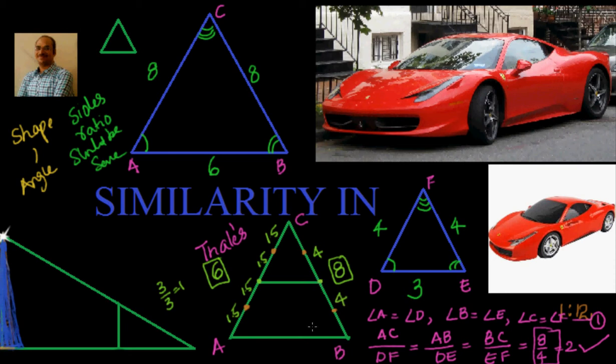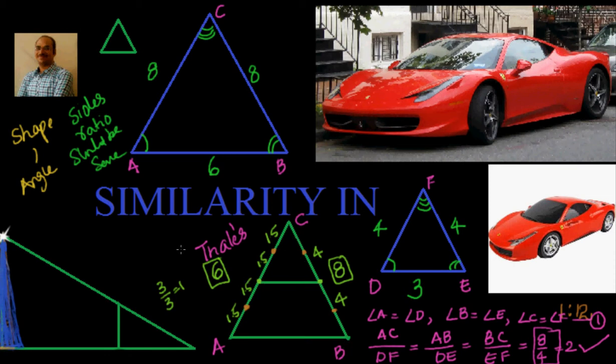This is called the basic proportionality theorem or Thales theorem. Let me repeat that. If you take a triangle and you draw a line parallel to one side of the triangle, then that line divides the other two sides in the same ratio.